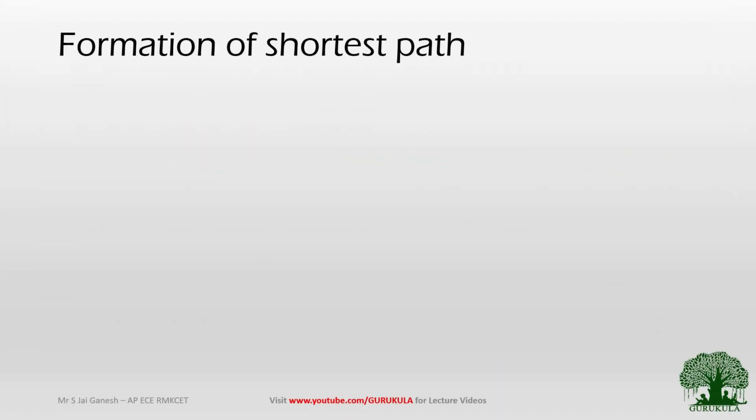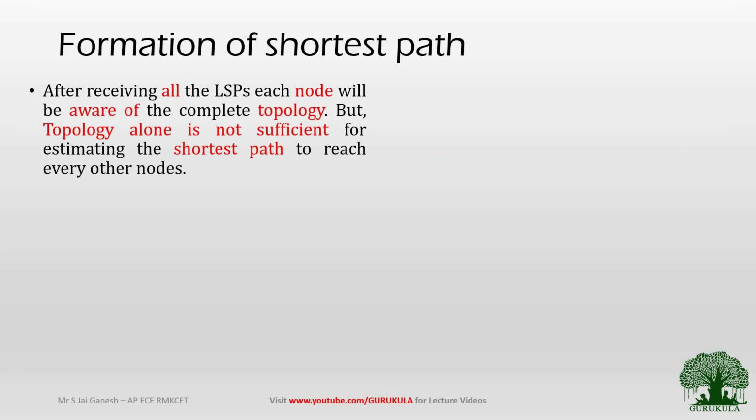The formation of the shortest path tree will be done once after receiving LSPs from all the nodes. Once a node receives the LSPs from all the nodes, it will have the link state database, which we call the LSDB.